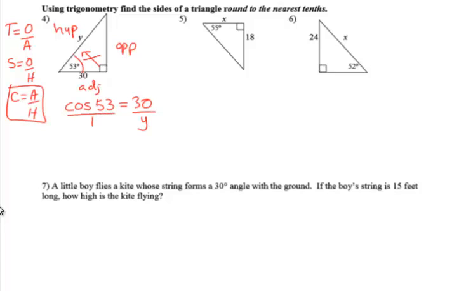Now, some of you can see what I mean by this is going to be a little bit more involved. So what happens is when we cross multiply, or use our cross products, what we get is y times the cosine of 53 equals 30. Now, you can think of the cosine of 53 as a number.